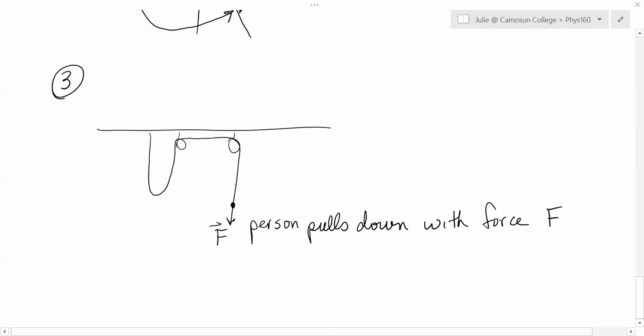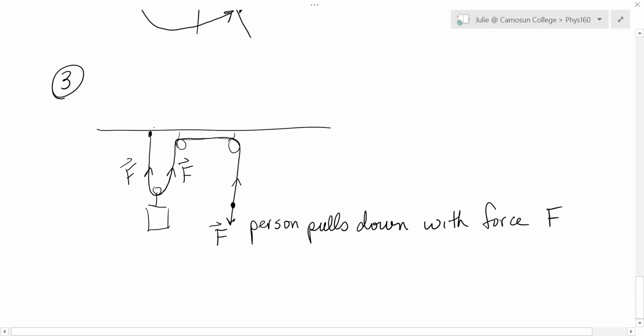So the rope would be pulling up on the person here with a force F. It would be running along between these two pulleys. Now this is attached to the piano. It's pulling up with the same force there, and it's also pulling up here with the same force. It's everywhere the same force, and it's attached there.